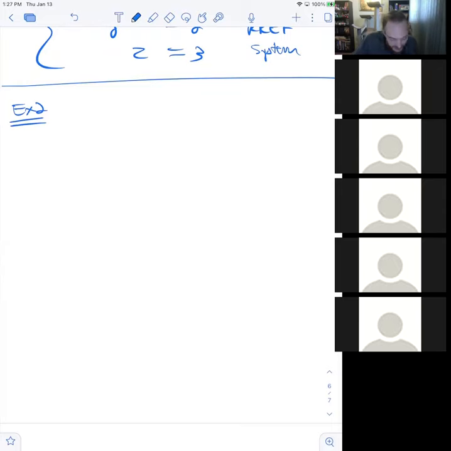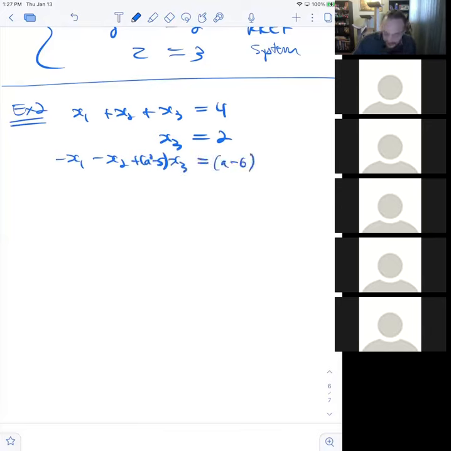So if I'm given the system x1 plus x2 plus x3 equals 4, x3 equals 2, it just tells me straight up, and then negative x1 minus x2 plus (a squared minus 5) x3 equals a minus 6.